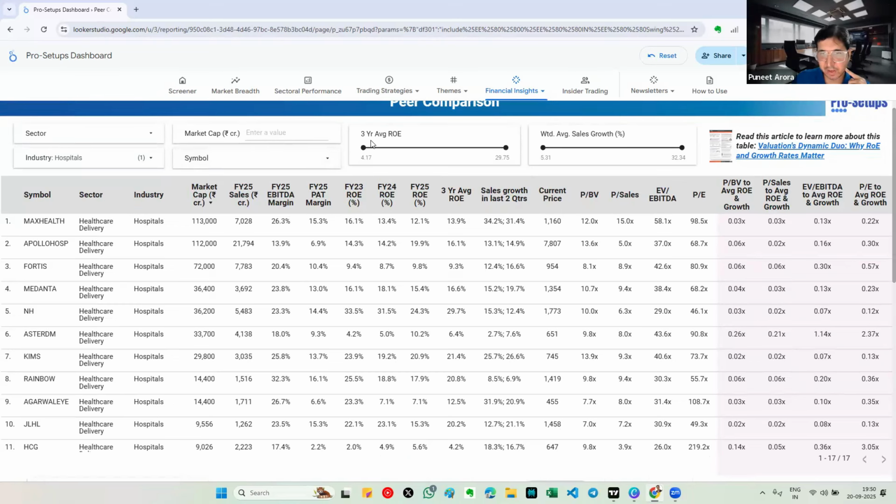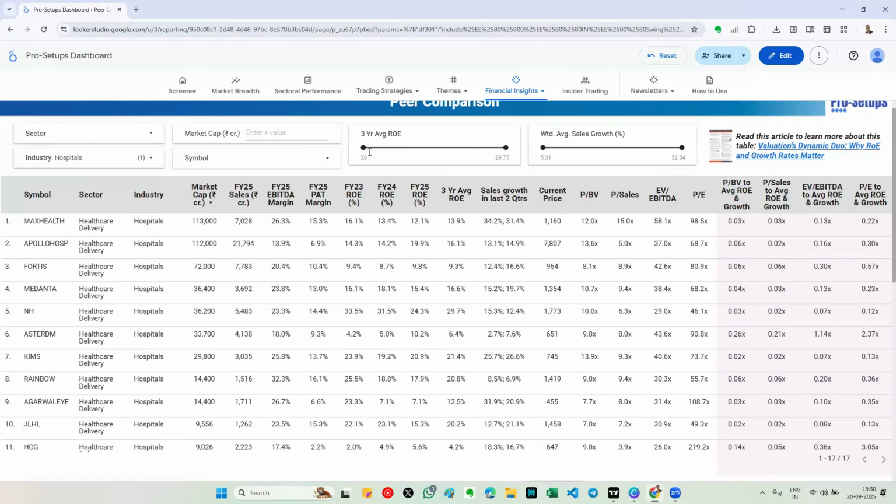We have actually given filters for the average ROE and the weighted average sales growth. Let's say you don't want to consider a stock that has an ROE of less than 20%. You can enter a number here. Yeah, that is clear.